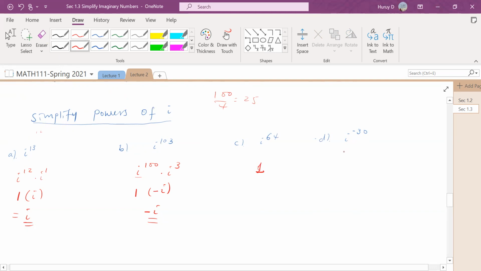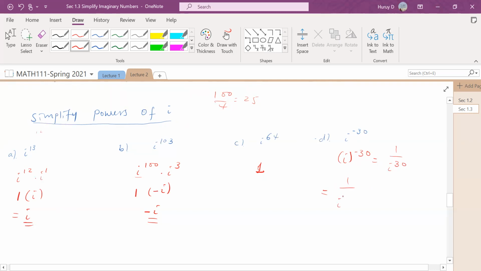And how about this one now? So this is i to the power of negative 30. And this is the same as 1 over i to the power of 30. Okay, we have this property. If the exponent is negative, then when you take the reciprocal, it becomes positive. Now we can rewrite this one, simplify it. Therefore, that becomes 1 over. Now, what is the largest number smaller than this one that divides 4 without remainder? It should be 28. 28 times 7.